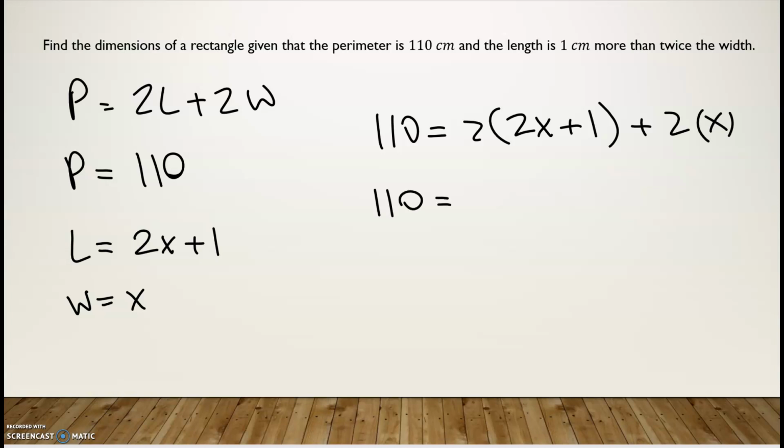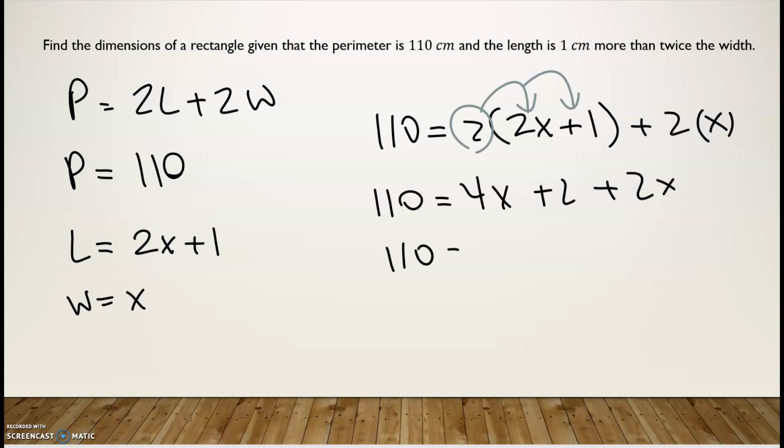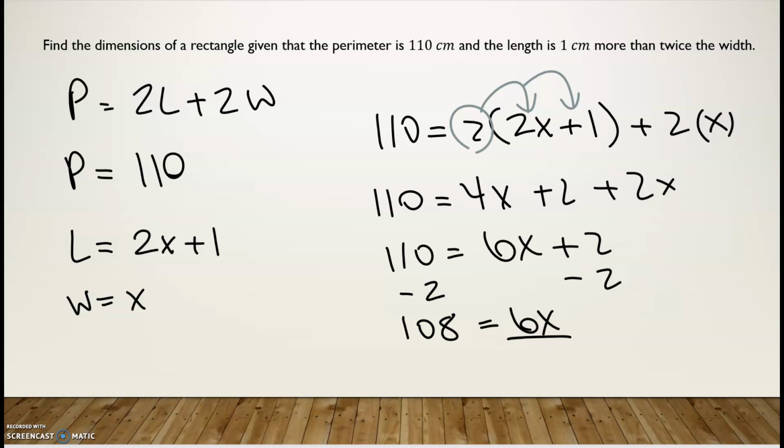So 110 is equal to, distribute this 2 to the 2x and to the 1. So 4x plus 2 plus 2x. So this is going to be 6x plus 2. Subtract 2, so that's going to be 108 equal to 6x, divided by 6 on both sides. So x is going to be equal to 18. Now it said find the dimensions of a rectangle.